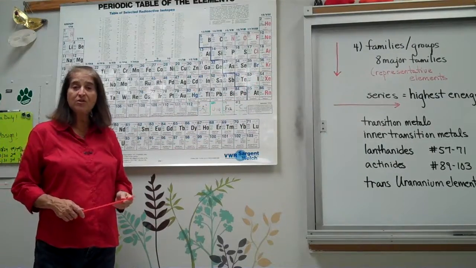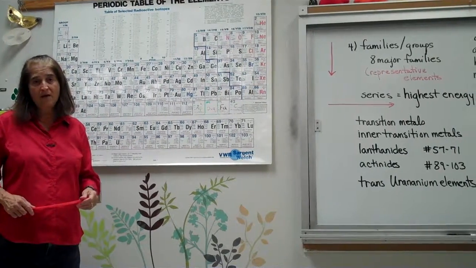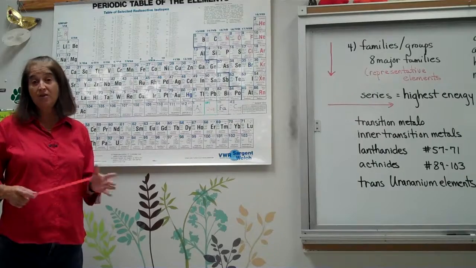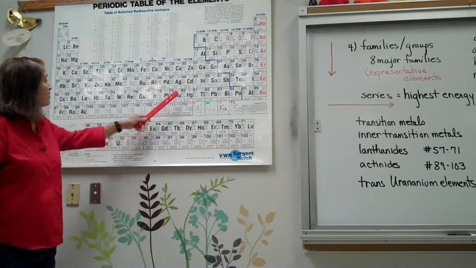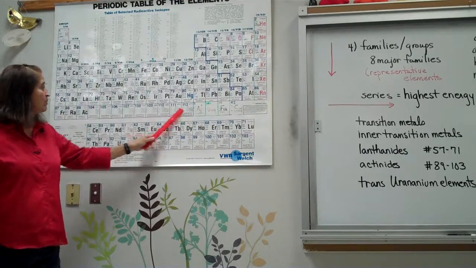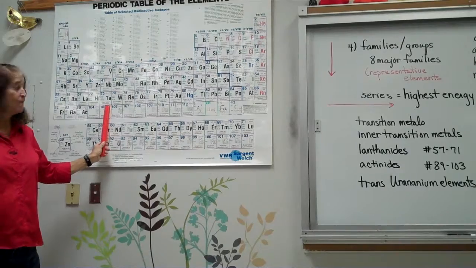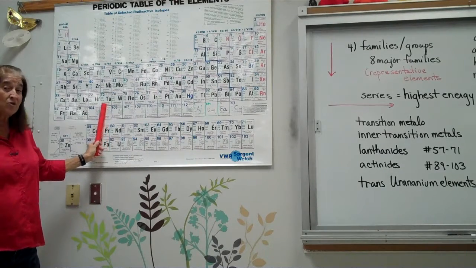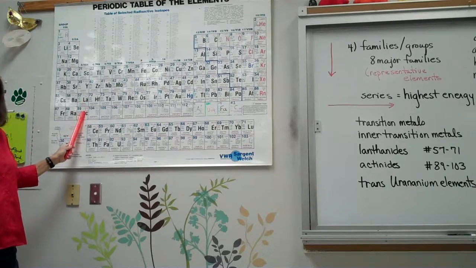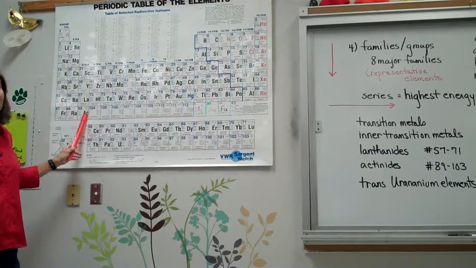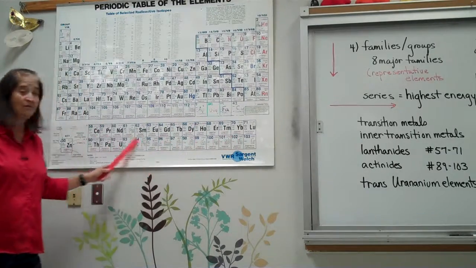Other than that, there's just a few terminology words that you need to know that you can find in Chapter 8 with the periodic table. Transition metals. The D sublevel block is referred to as the transition metals. Then we have the inner transition metals, and that makes sense because if we look here, inside the D's we have these 2 stars on our periodic table telling us that we want to insert the F sublevel block.